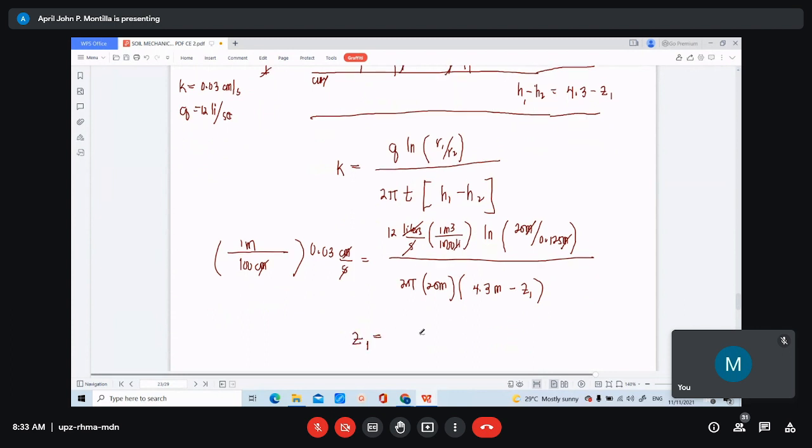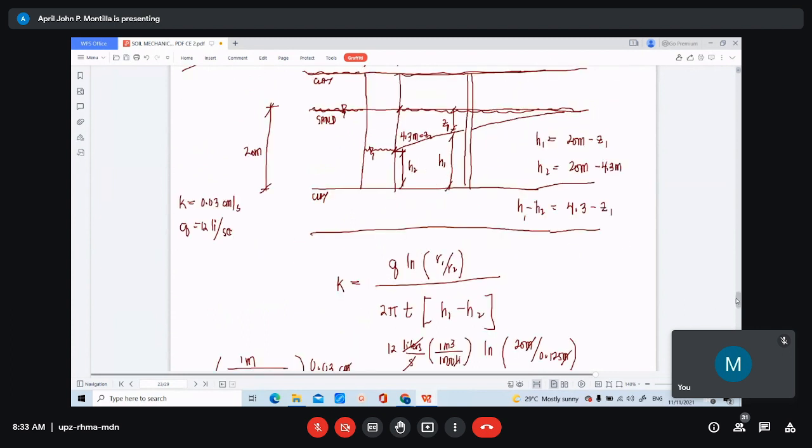Ano po yung Z1 natin? Z1 or yung drawdown sa observation well should be less than the drawdown in the test well. Kasi papansin, mas maliit talaga yun kaysa kay 4.3. Pag mas malaki kay 4.3 yung na-compute, mali yung computation.